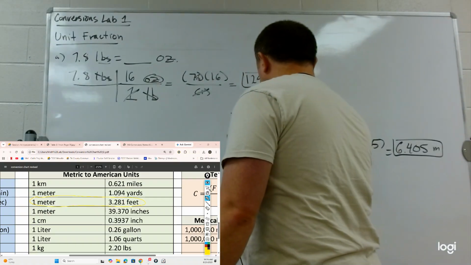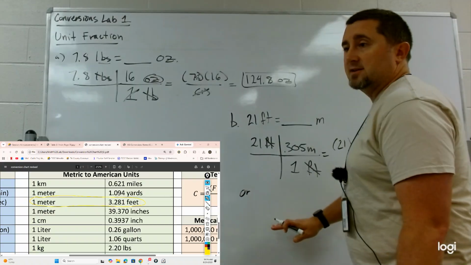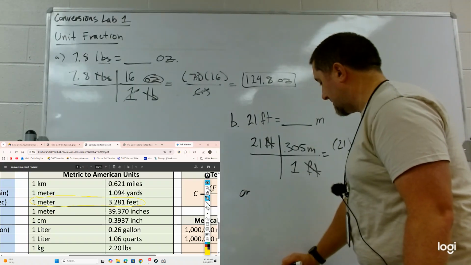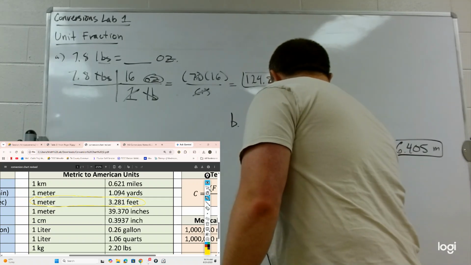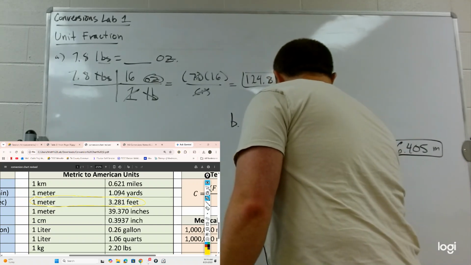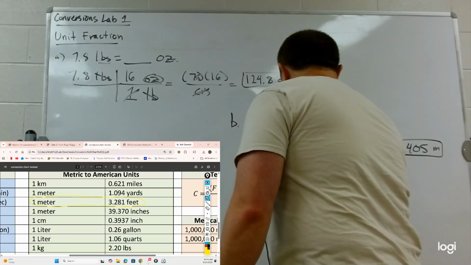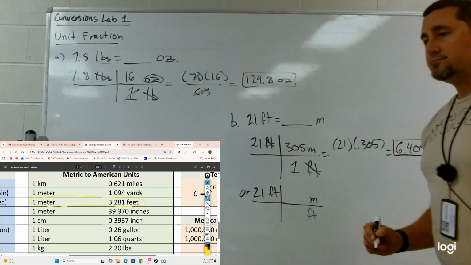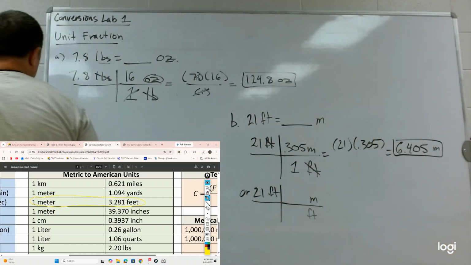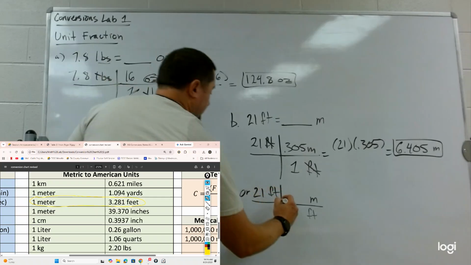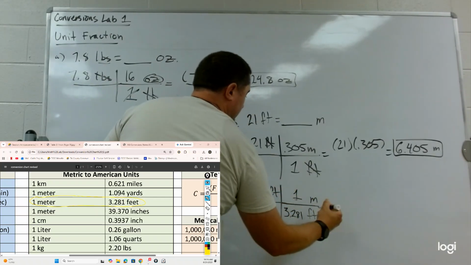All right, so over here, I'm going to show you how it worked out if you didn't have that. All right, let's see, where's the bottom at? Right there. Okay, so we've got 21 feet. Again, you always want to start with what they gave you. We're still going to have feet in the bottom, and we're still going to have meters in the top. Okay? But now, instead of 1 foot, we're going to have 3.281 feet and 1 meter.